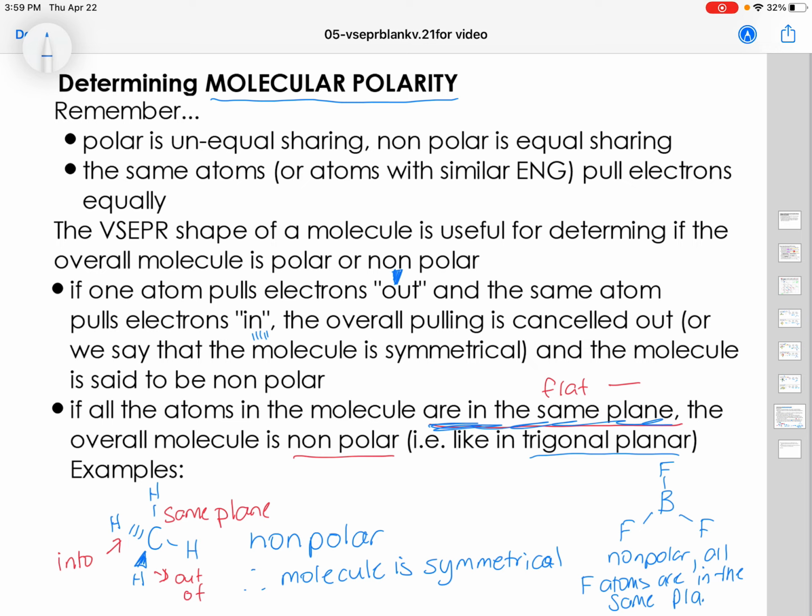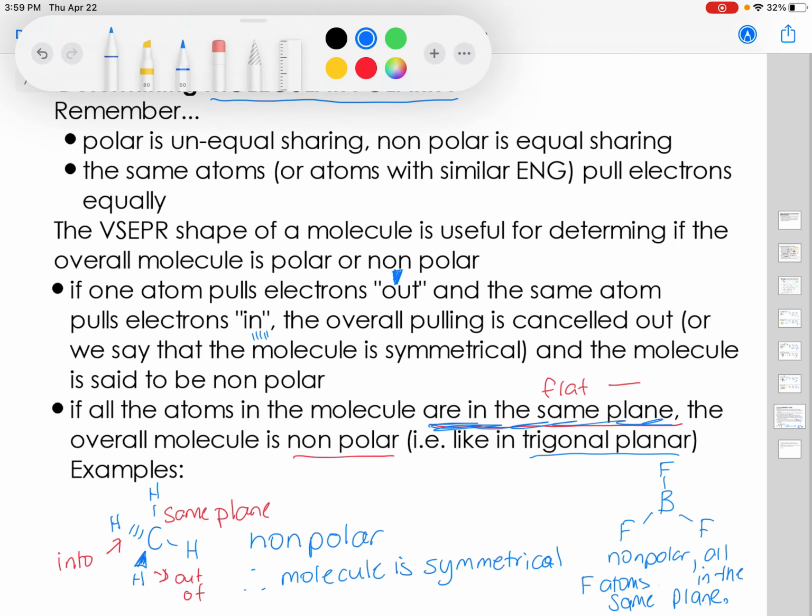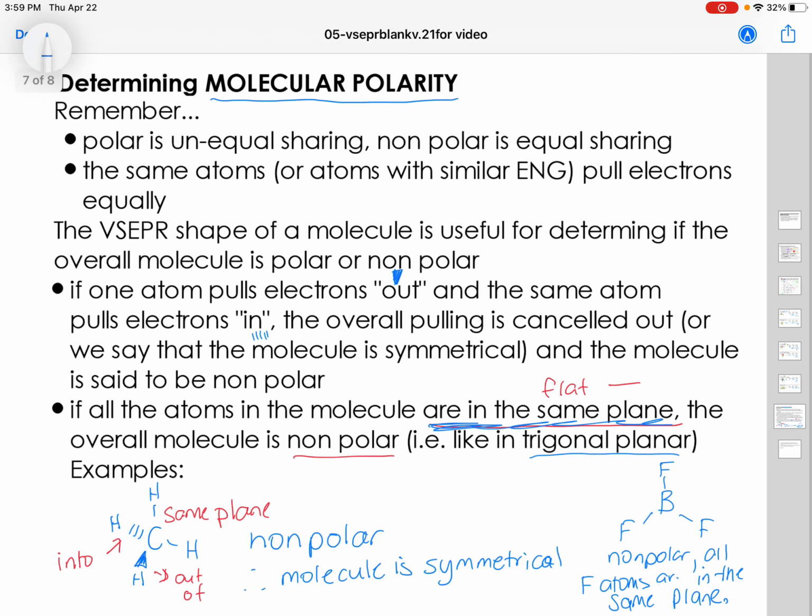You could say all F atoms are flat. That means the same thing. That is terrible handwriting here. Sorry. I'm just going to fix that. So, pretty obvious. No lone pairs. It's either all straight lines or there's straight lines and coming out and going into.